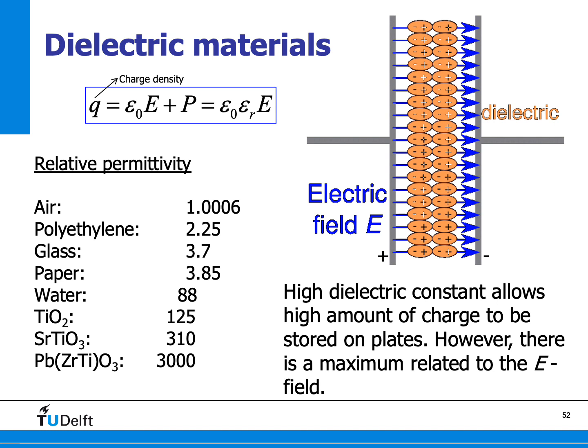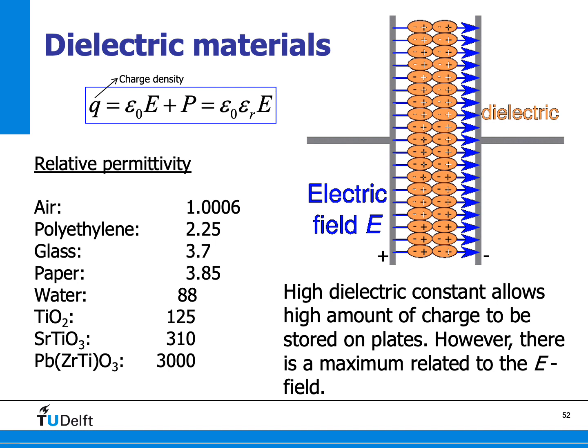Now let's have a look at some numerical values for the relative permittivity of different kinds of materials, which is also the dielectric constant. So for air, it's close to the one for vacuum, about 1, for polyethylene around 2, glass around 4, paper also around 4, water 88, which is of course because it's a polar molecule.